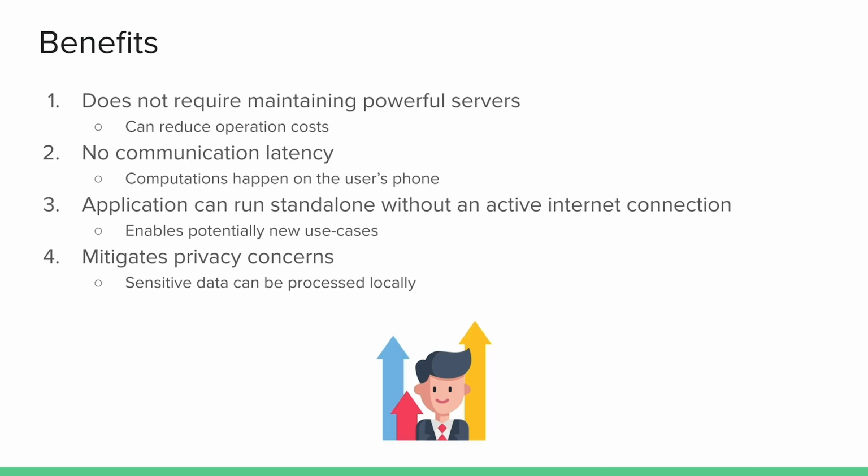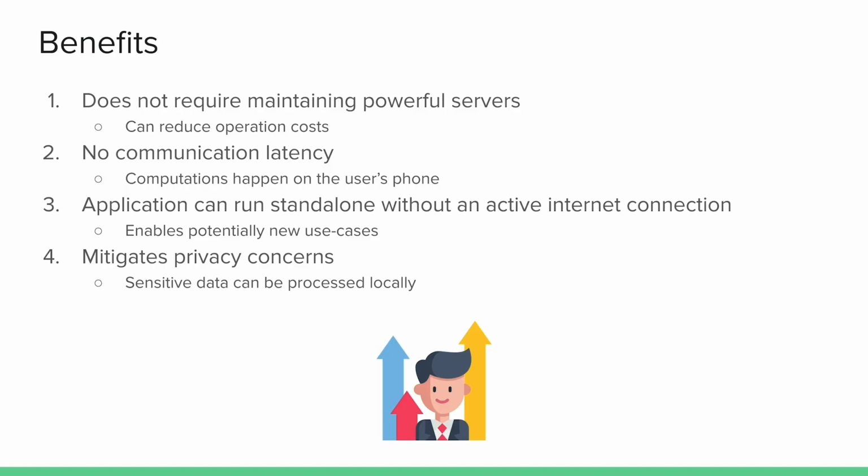The benefits that you gain if you deploy your model inside of an application that runs directly on your smartphone is that you do not have to maintain powerful servers. People won't upload samples to your server where you have to run inference and then send the results back. So it's just using the computational power of your users that they already have.